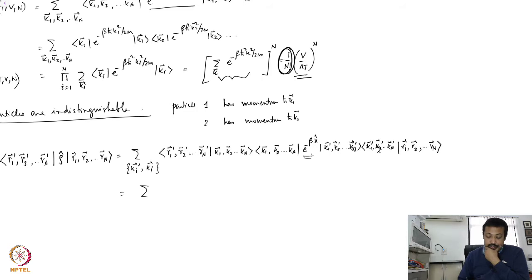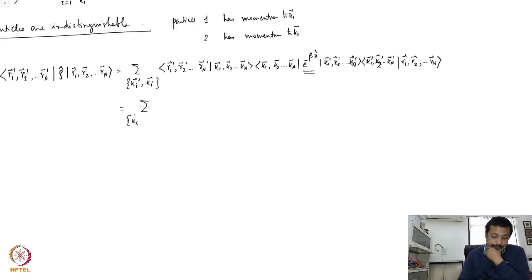I know this quantity now, so this is going to be the sum over ki', ki, all the values of ki.